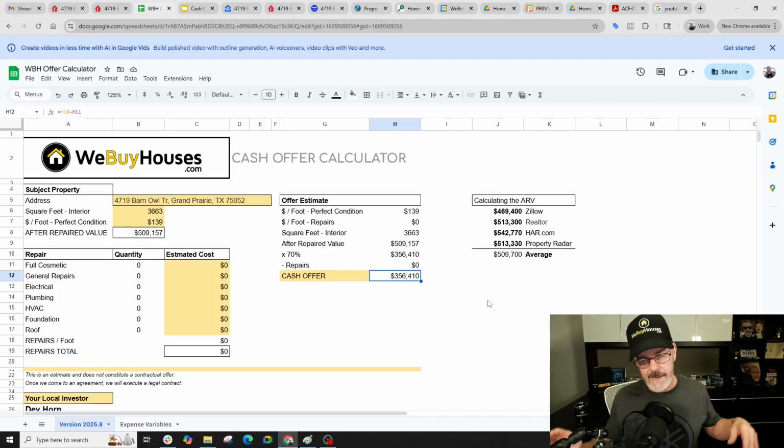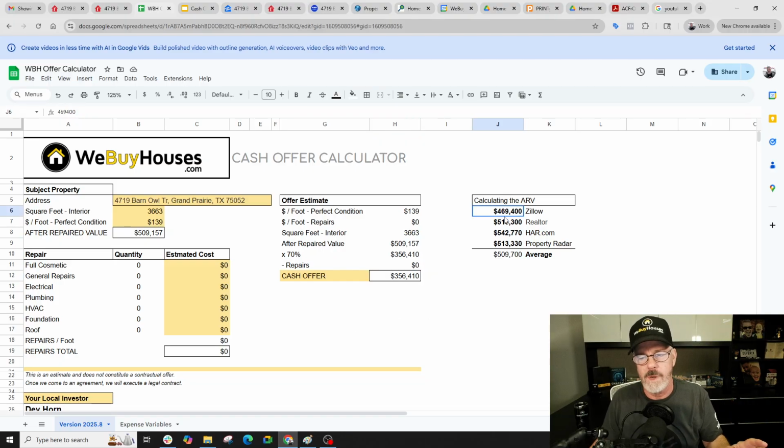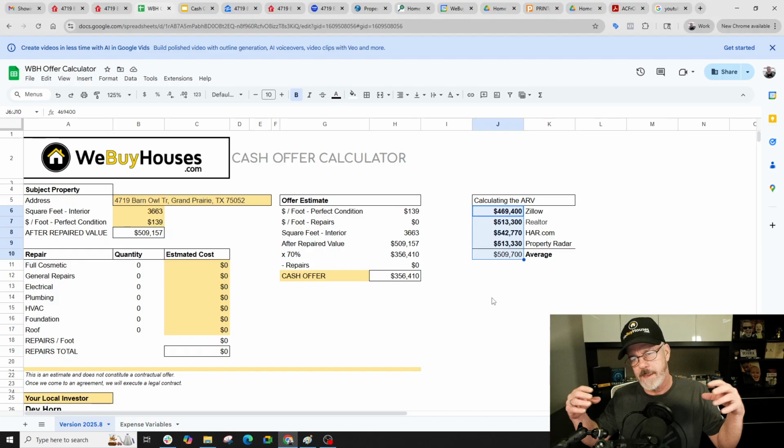So that is where I'm going to stop on this one today. Not a great demonstration of how to estimate repairs. You're going to see that in the prior 19 videos. Go watch those videos. But I think today what we talked a lot about was ARV and calculating ARV. And I think it's very important to find these different sources and use them to calculate it.